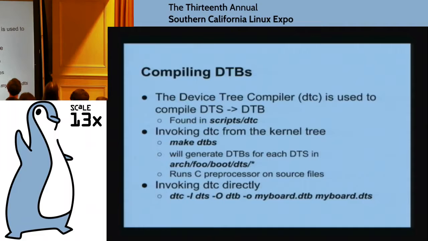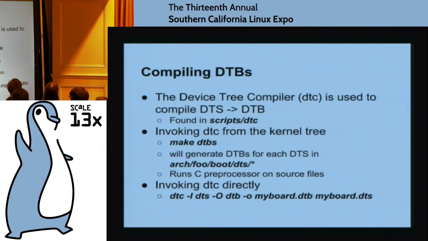So how do we compile DTBs? With a device tree compiler, of course. DTC is used. There's an in-kernel copy of DTC that's used as part of the build process. It's in scripts/dtc. They occasionally import from the upstream, which is also managed on kernel.org.